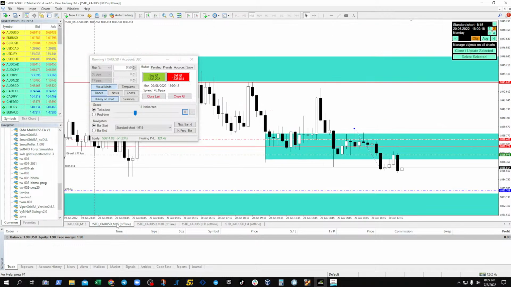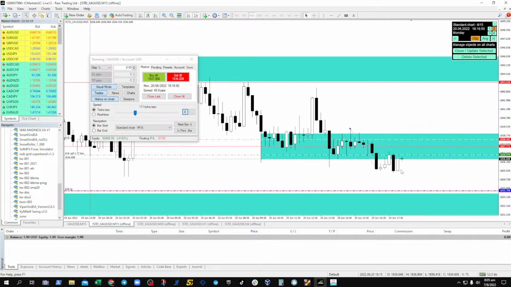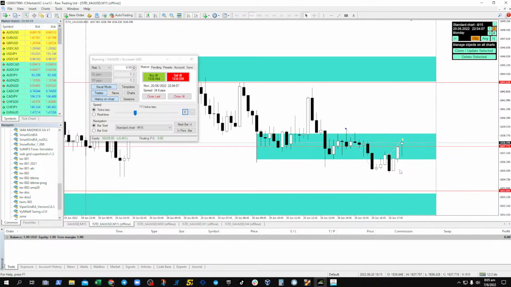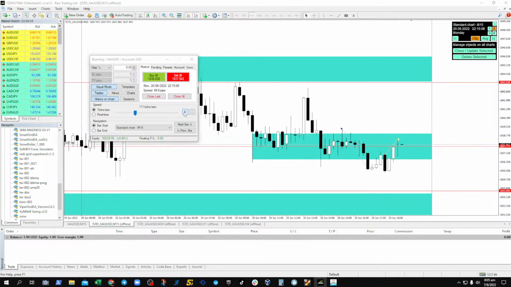Look at M15. There's a good bearish engulf there. Oh my god, this is really a ranging market. After the bearish engulf, we straight away hit our stop. Okay, so there you go.